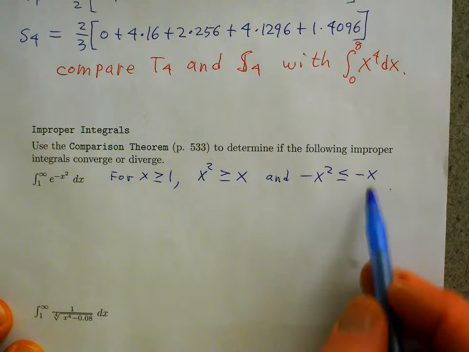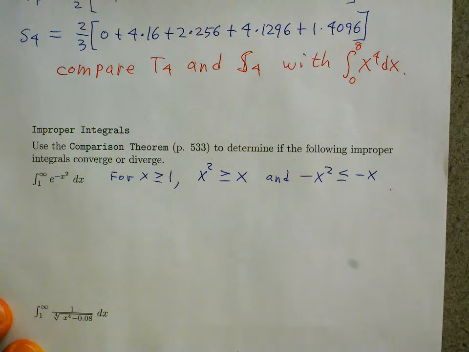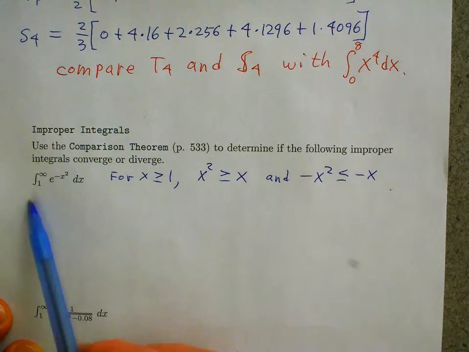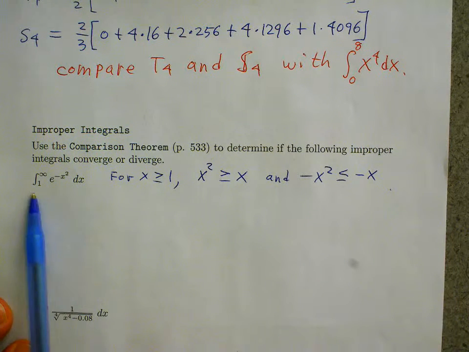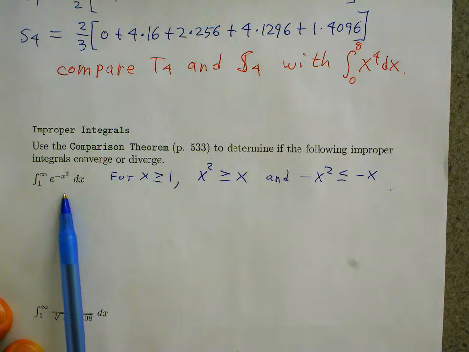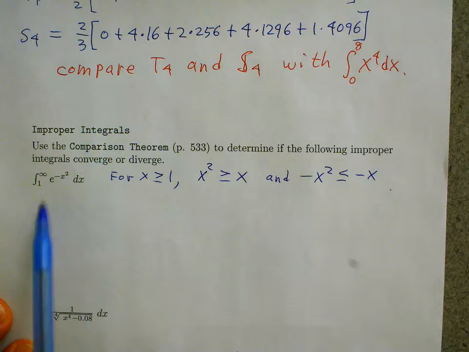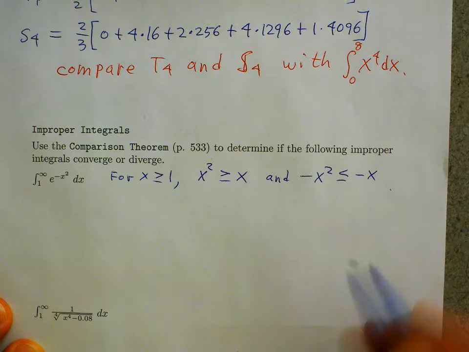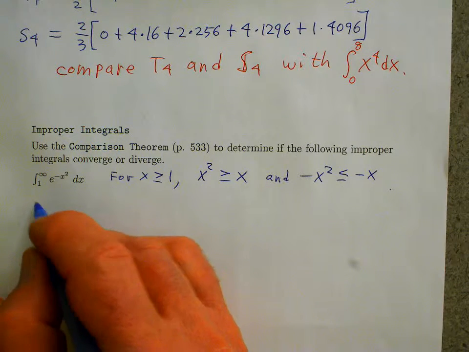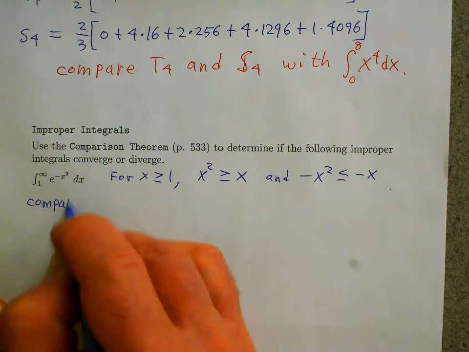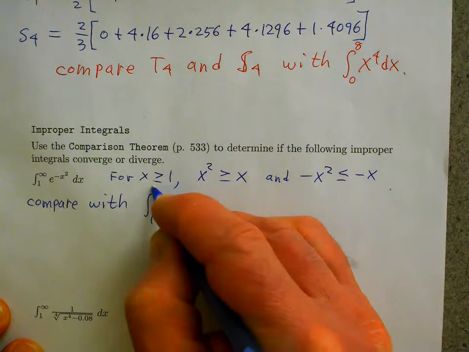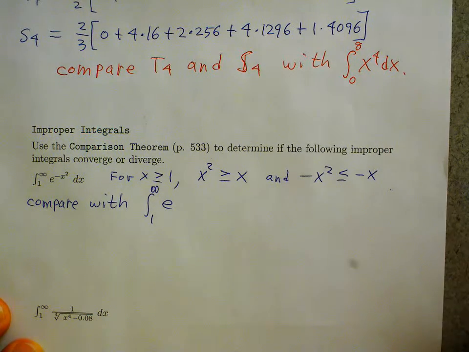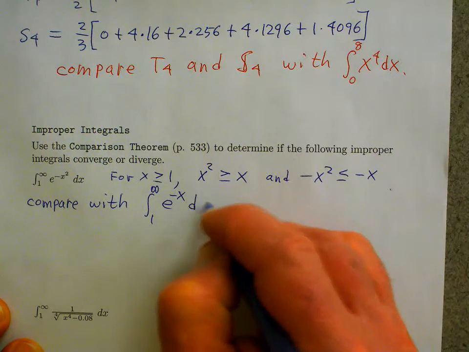So if we can show that the integral of e to the negative x from 1 to infinity converges, then we'll also know that the original improper integral also converges. Okay, so we're going to compare this with the improper integral of e to the negative x dx.